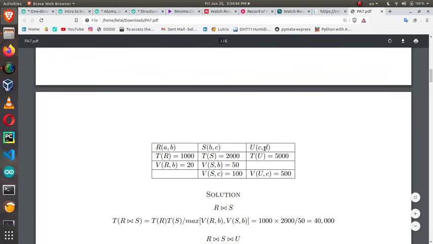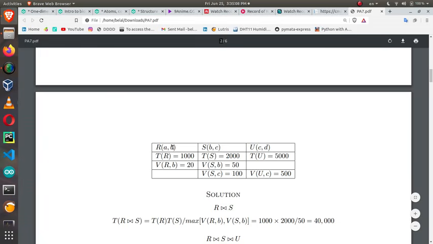Relation U has 2 attributes C and D. The number of tuples in relation U equals 5000, and the number of distinct values for attribute C equals 500. Okay, in order to join 2 relations, there must be a common column. So R and S. Let's first join R and S.